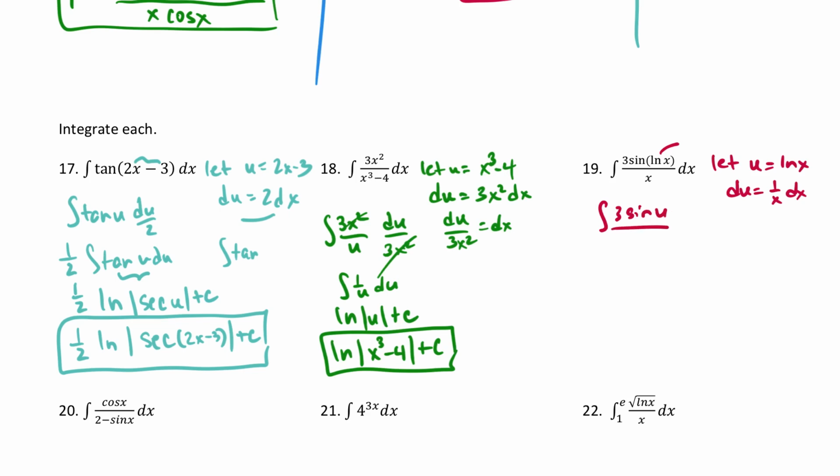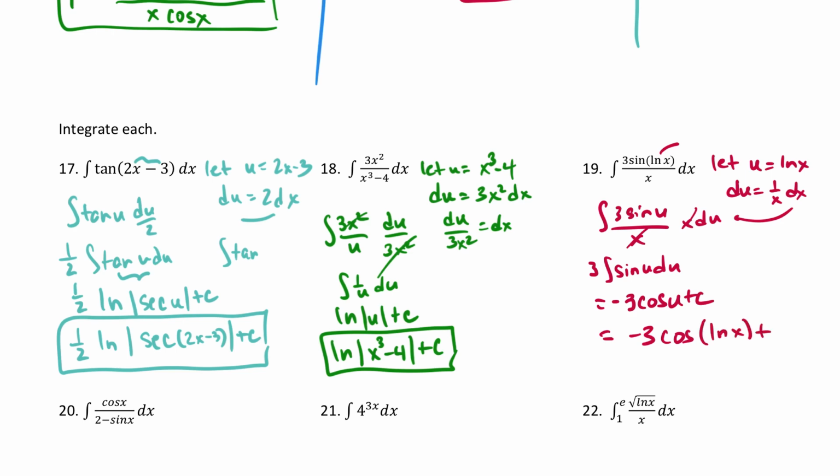And then this will be over x, and over here I have x du when I solve this right there. So these conveniently reduce out. So now I just have 3 times the integral of sine u du, which is going to be negative 3 cosine u plus c, and negative 3 cosine of the natural log of x plus c is our answer.